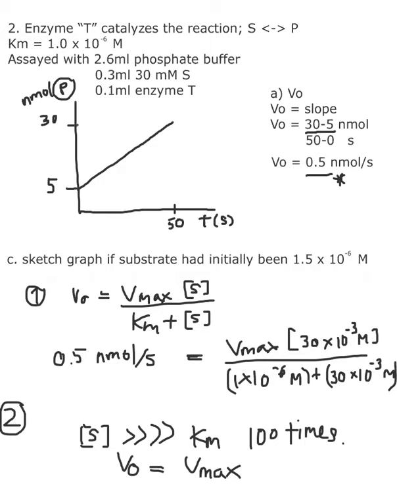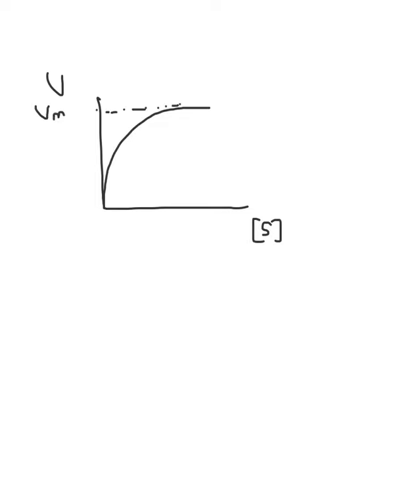So if you have the graph and plot velocity against the concentration of the substrate, you would have something that looks like a hyperbola, correct? So the maximum of this velocity is equal to Vmax, and the point of half Vmax will give you the value of the Km.